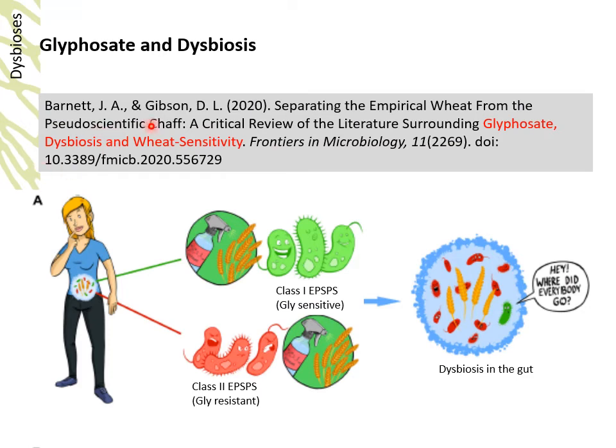Let's go to the question of glyphosate and dysbiosis in humans. There's a paper that was published 2 years ago by a group in Canada. They are just asking, do we maybe have a problem with glyphosate that is different from what we expect? So they did a nice review of the literature surrounding glyphosate, dysbiosis, and wheat sensitivity.